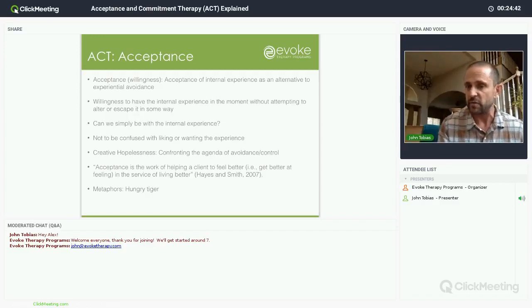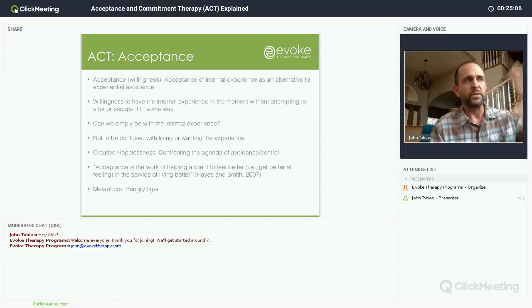If you go through the DSM-5, which is our diagnostic manual, many, if not most of those issues, those diagnoses, have an element of experiential avoidance in there somewhere. And I want to make clear that what I'm talking about here is not an avoidance of external experience, although that happens, but more an avoidance of internal experience.